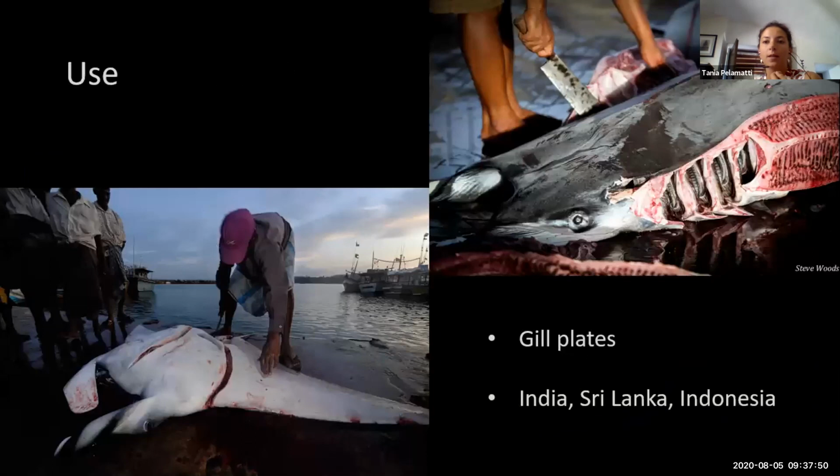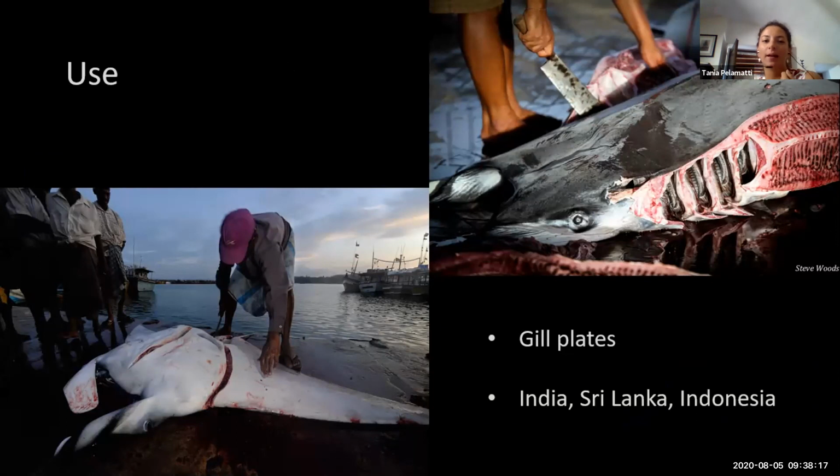And sometimes most of the mantas that are caught around the world are caught because of their gill plates, because they have a very high value in the Asian market, because they are commercialized as, how do you say, as traditional medicine.